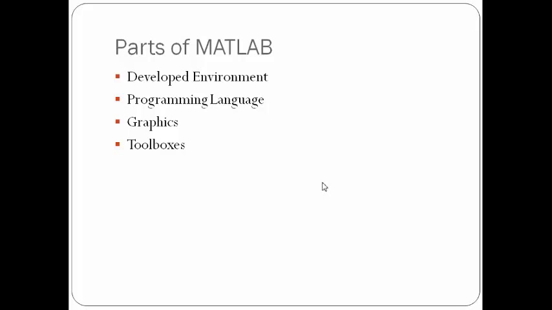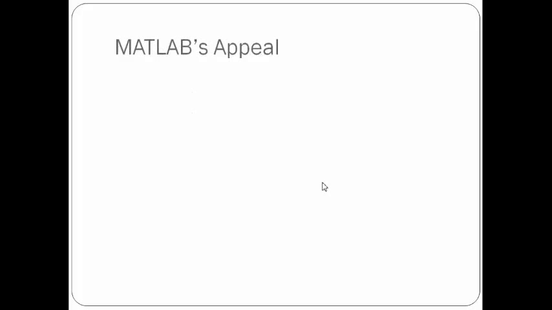There are a lot of neural network toolboxes, then control system toolboxes, and there is no limit to it. It has got a huge number of toolboxes, and it can even support aerospace also. You can buy the toolboxes as per your need. Then it has got a very good API, as we have discussed in the last slide.